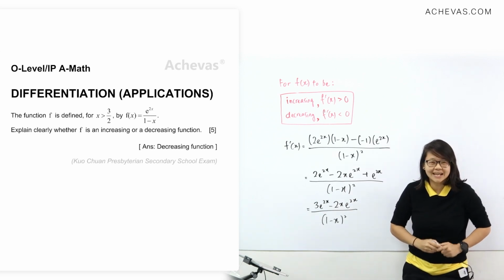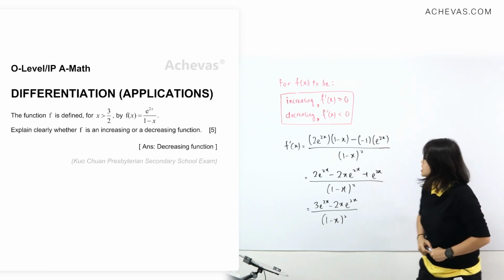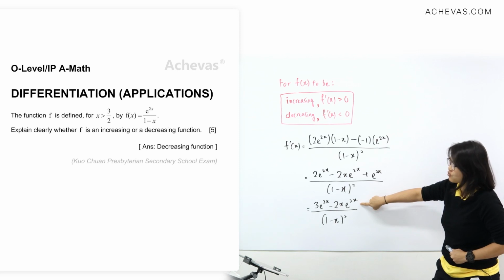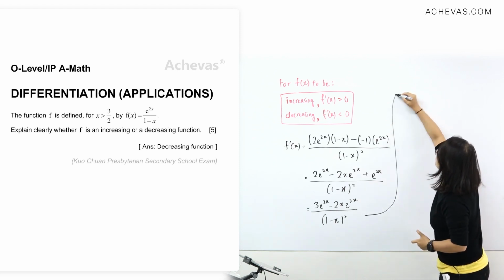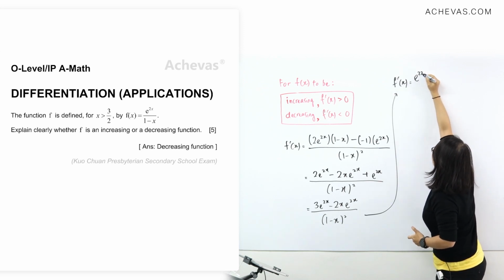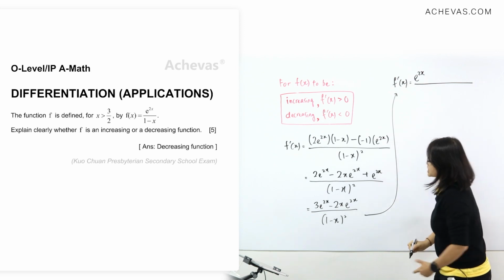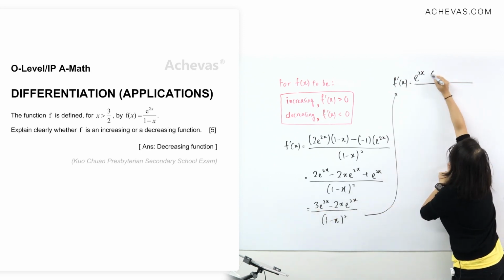Now, also notice that you are given x is going to be more than 3 over 2. So what I'm going to do is factorize e^x out from here. Factorizing e^x from the numerator, what I have here is 3 minus 2x.